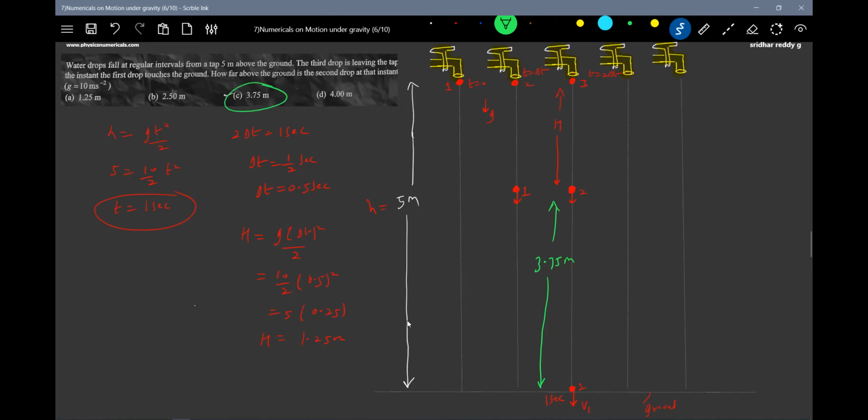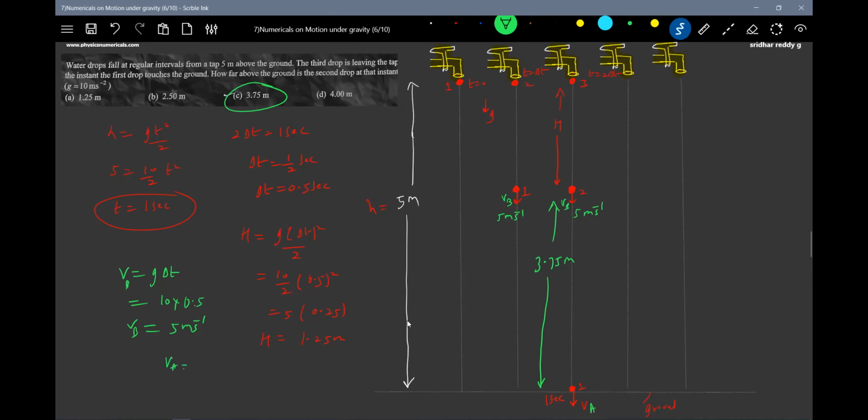Now with what speed will it be moving? Can we calculate the speed of this? Five meters per second. Call this VA, and the other VB.